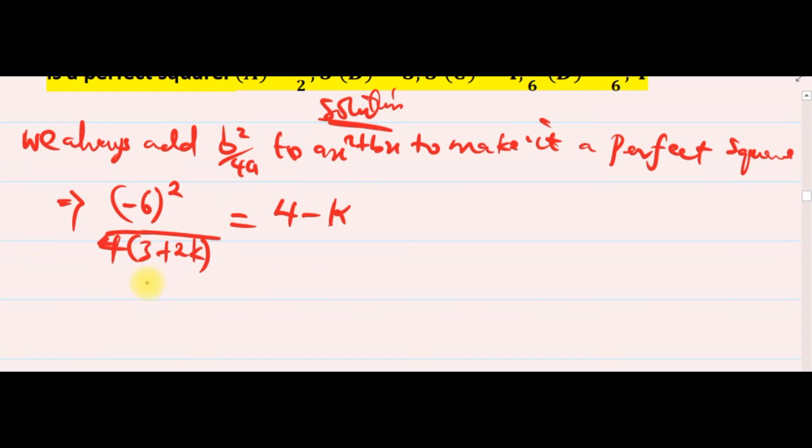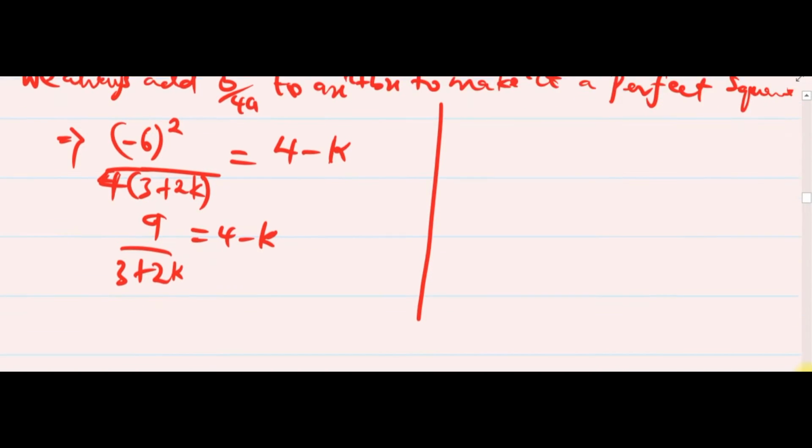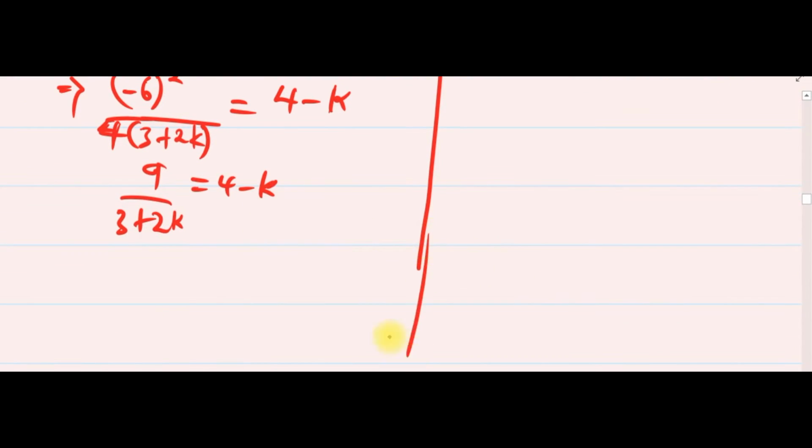So this is 36. 36 over 4 is 9. So we have 9 over 3 plus 2k equals 4 minus k. So we will cross multiply. This 9 equals 3 plus 2k times 4 minus k.